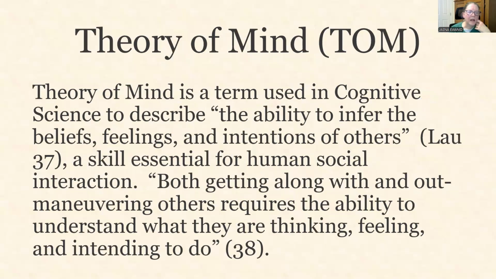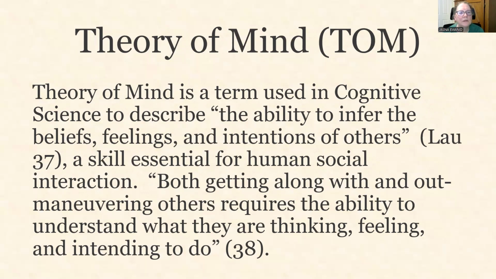There's a concept in cognitive science called theory of mind. It was initially developed and used a lot in relation to understanding people with autism, the idea that they don't have good theory of mind. They have trouble understanding.